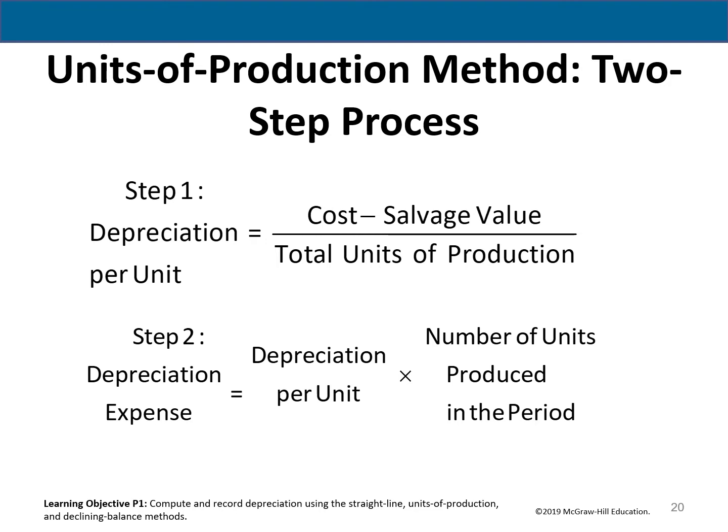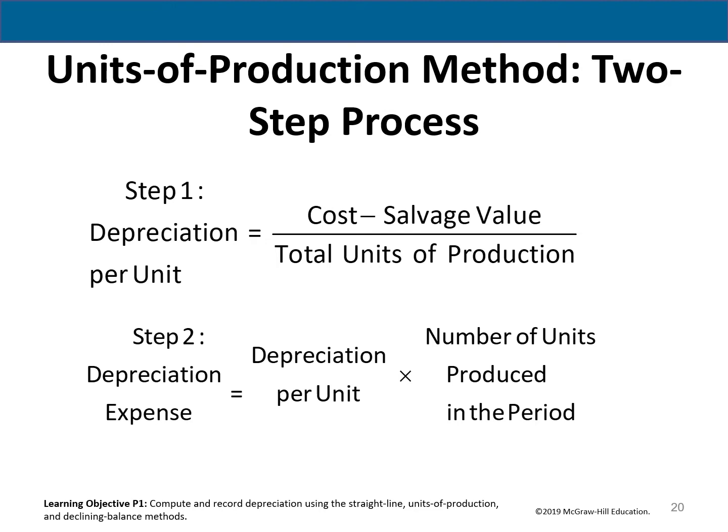So not all assets can use this method. But if you have an asset that you can measure its use in terms of some unit of usage, then you do it if you want. So the first step is calculate how much depreciation there is for each time a unit happens: each mile you drive, each pair of shoes you make, each hour it's used.